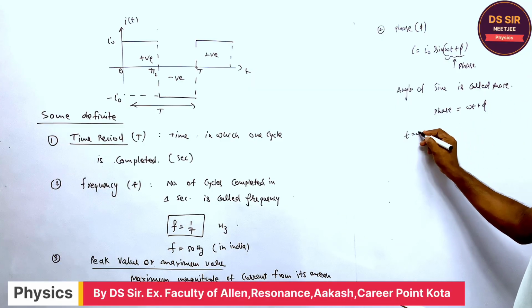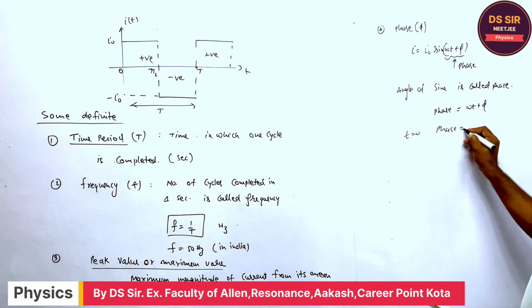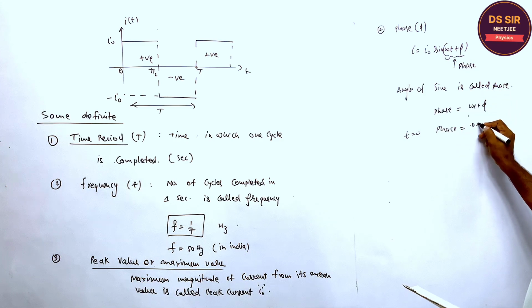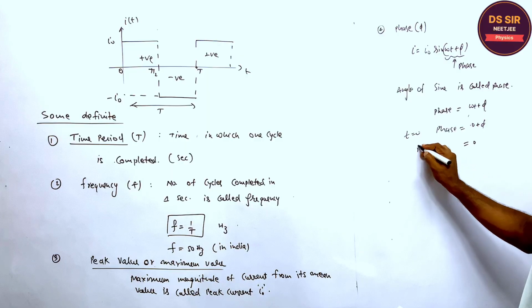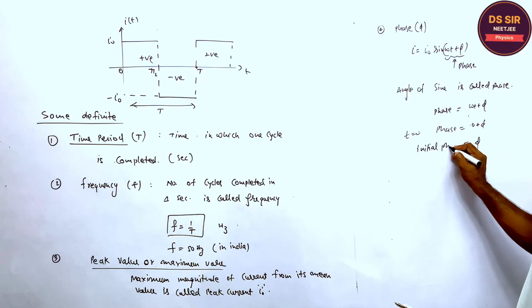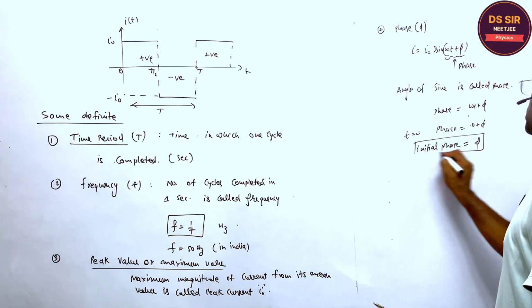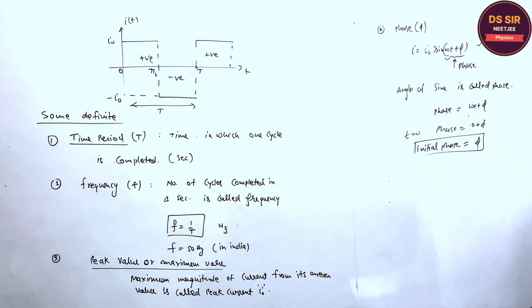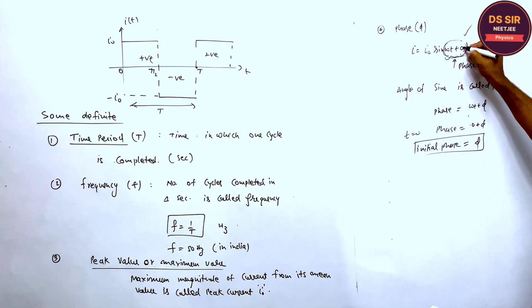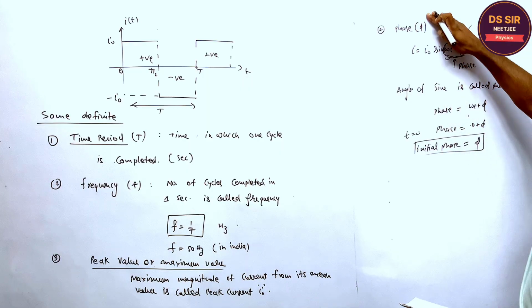At t is equal to 0, what is the phase? It is plus phi. So this is called the initial phase. If this is the alternating current value, then this total quantity in the angle of the sine is called the phase, and this phi is called the initial phase, right?